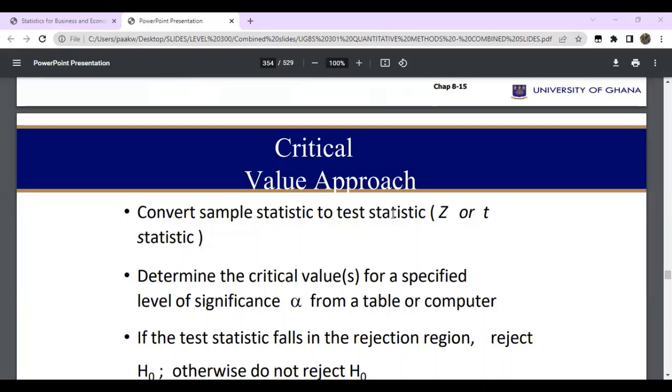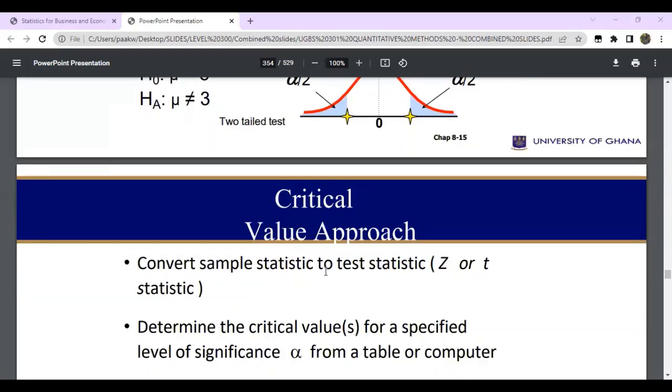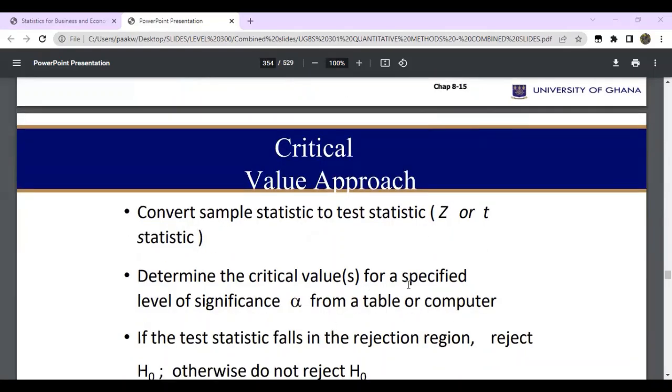Let's tackle the critical value approach. It says to convert the sample statistic to a test statistic, so it's either Z or T. We have the Z formula and we have the T formula. Then determine the critical values for a specified level of significance. That one depends on the alpha.